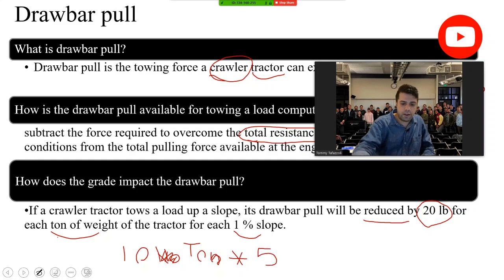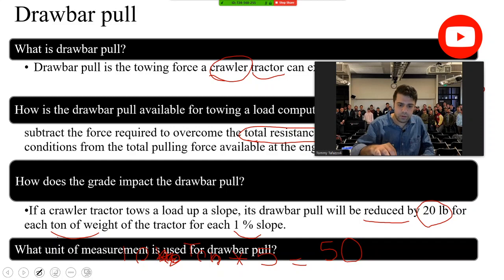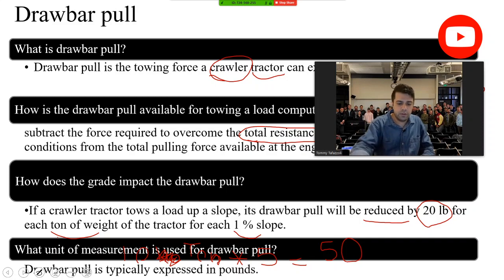So you should have 5 of this, okay? 10 multiplied by 5 will give you 50. So 50 will be reduced from the maximum drawbar pull it can generate in this example. Well, there's a better example in the next slide. What unit of measurement is used for drawbar pull? Again, pound is used for that. It is measured in pounds.